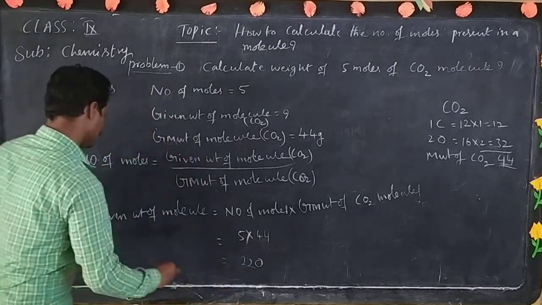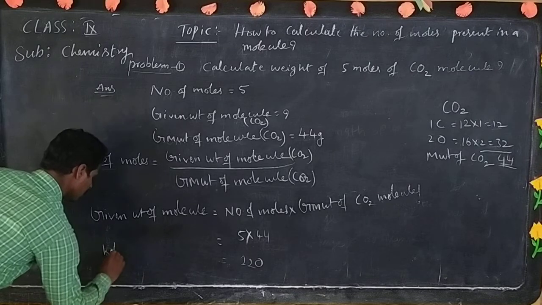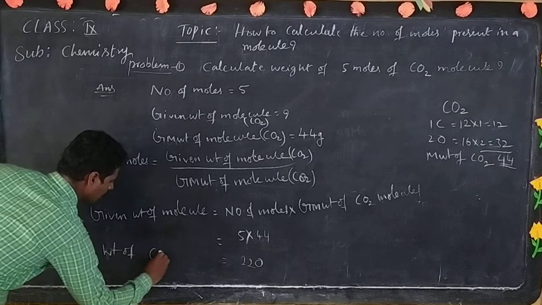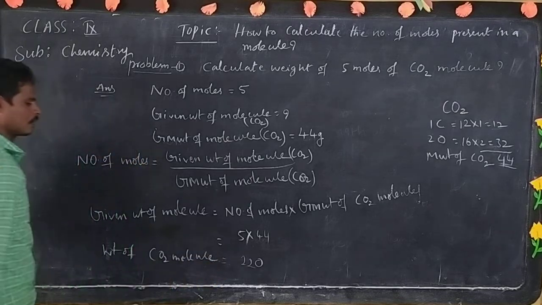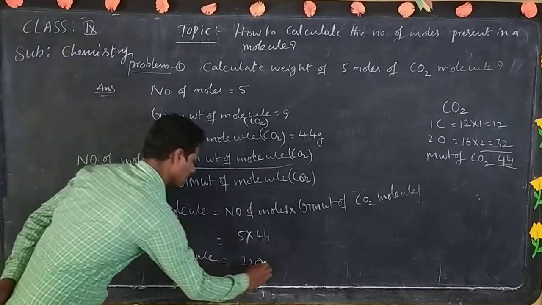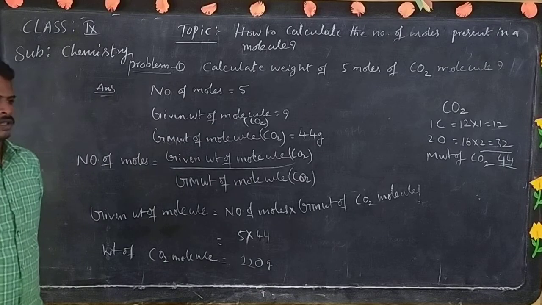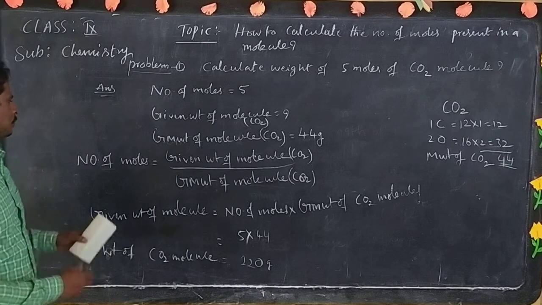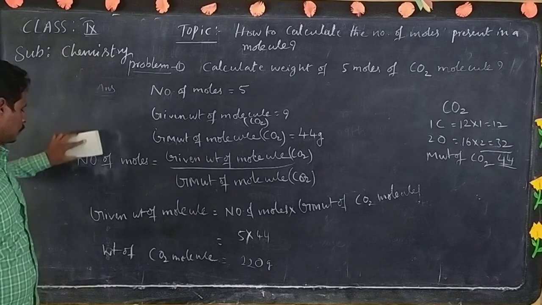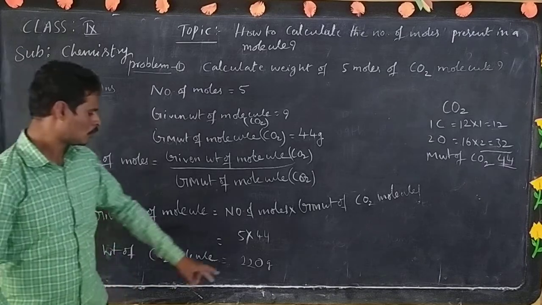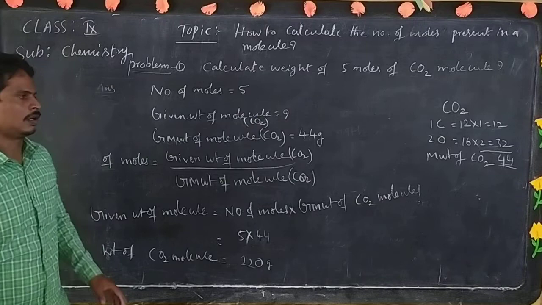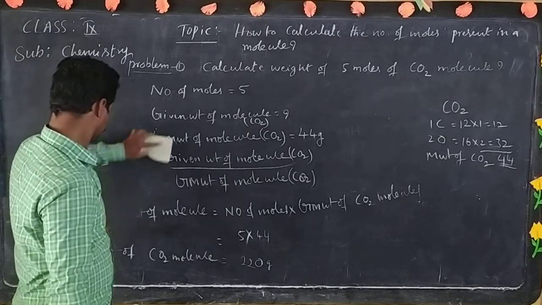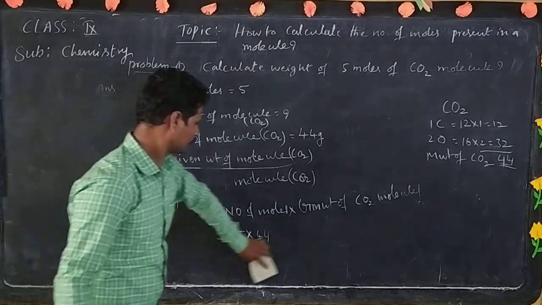So this is the weight of carbon dioxide molecule, in grams. That means 220 grams for 5 moles of carbon dioxide molecule.